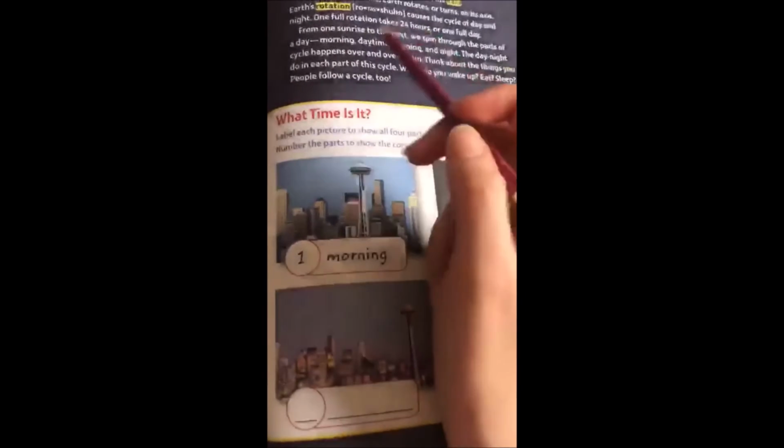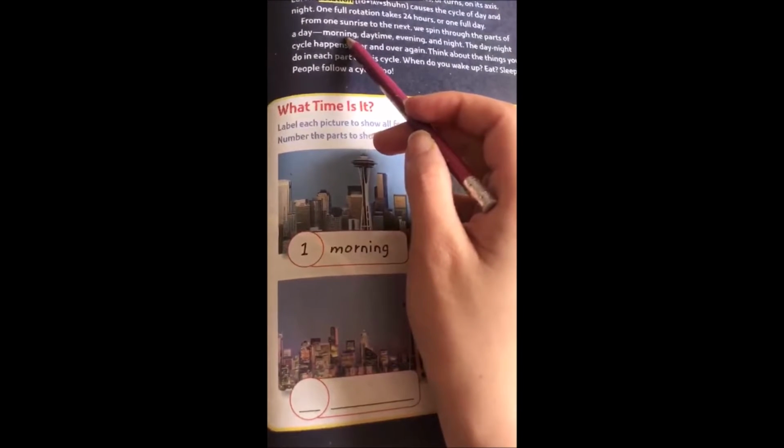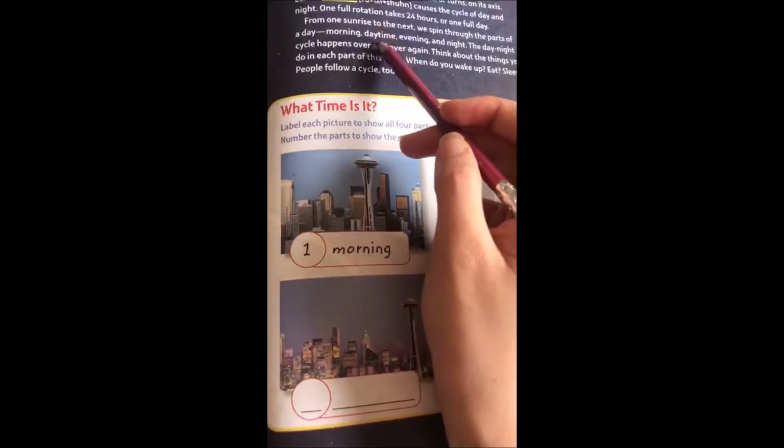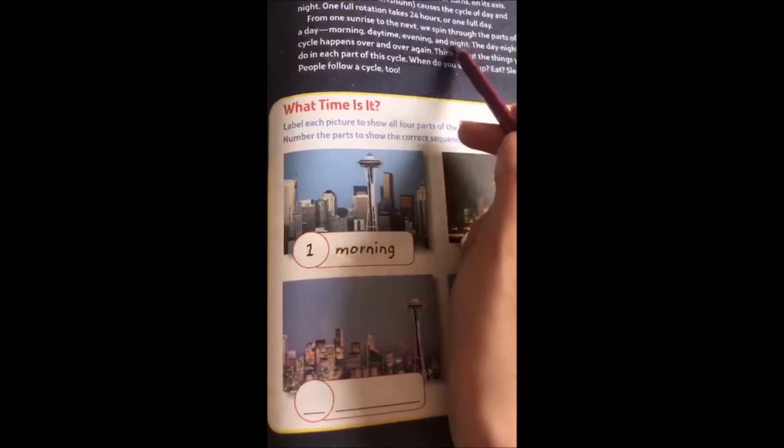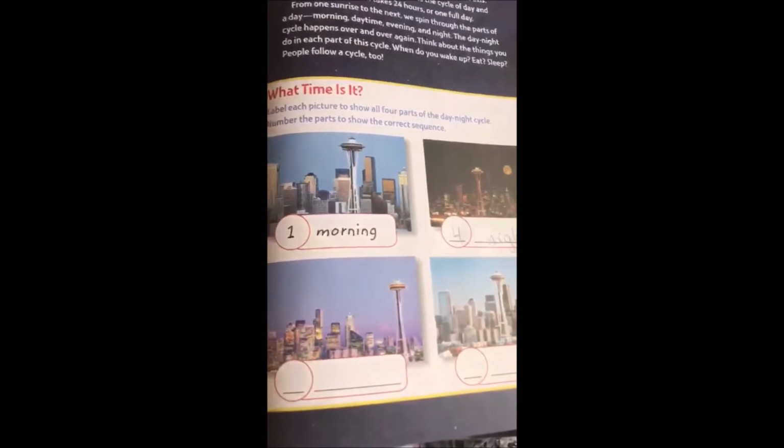I'm going to say that here it's night, so I'm not going to write the number yet. Why? Because I'm going to order the numbers like this: first of all morning, then daytime, then evening, then night. So night is going to be number 4. Okay, so I can write it 4. This one is more daytime and here is the evening.